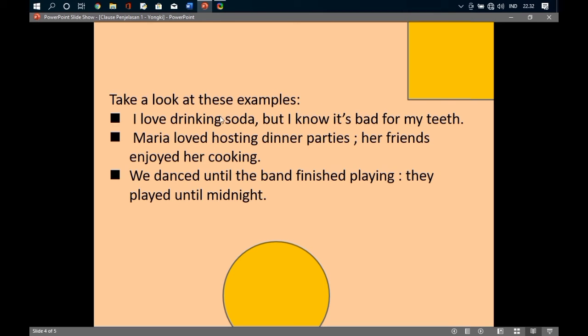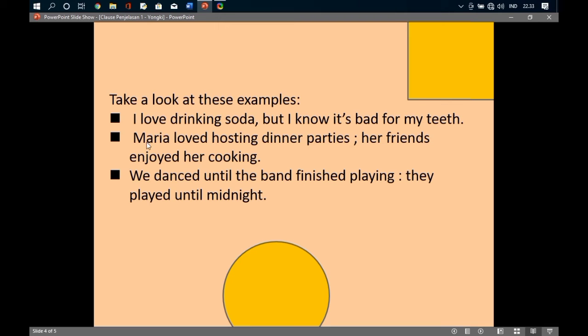If you're not seeing I love drinking soda, and just see this clause, you can see that this sentence is not good enough to be called a sentence because you have just half of the idea. So this is the dependent clause because it depends on the first clause.